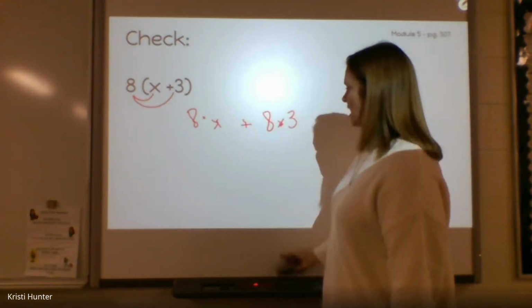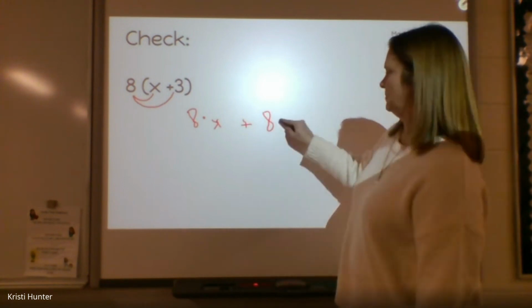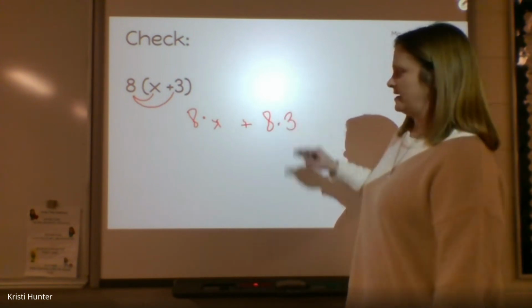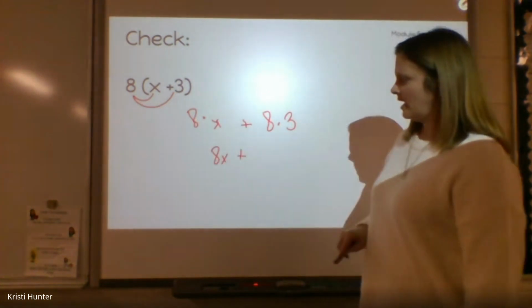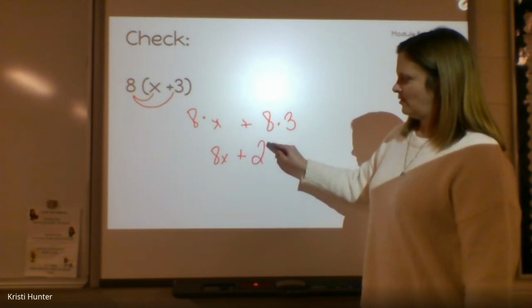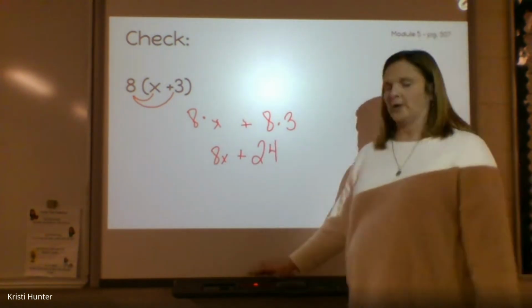Maybe I should use a dot there because that certainly looks like a variable, doesn't it? Times 3. So if I simplify that, I get 8x plus 8 times 3 would give me 24.